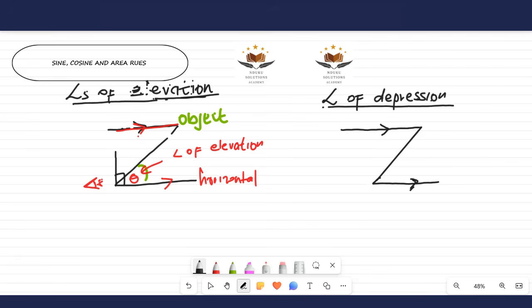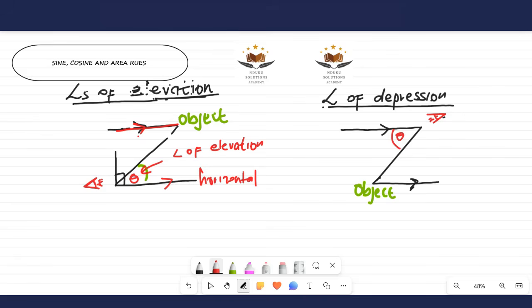Look here, this is your eye. So our object will be on the side. Where is our angle of depression? It will be here.